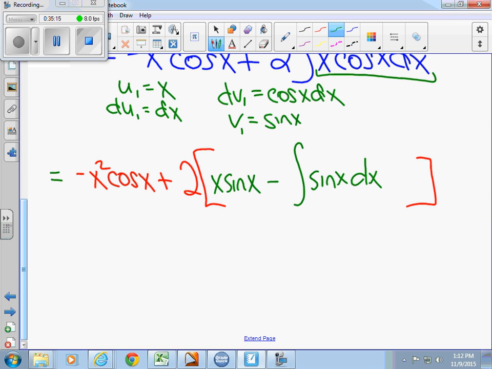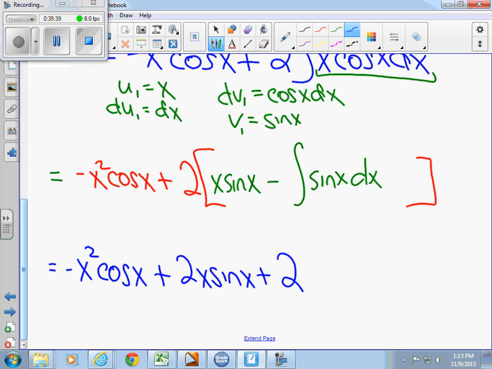It's forgetting the first part. What's the antiderivative of sine of x? Negative cosine, so it'll become positive 2 cosine of x, the 2 with the distributed piece. And what do I need to tack onto the end?